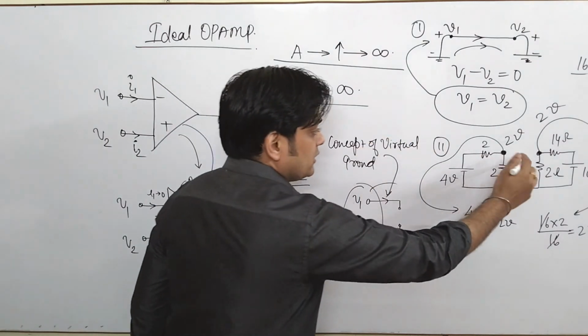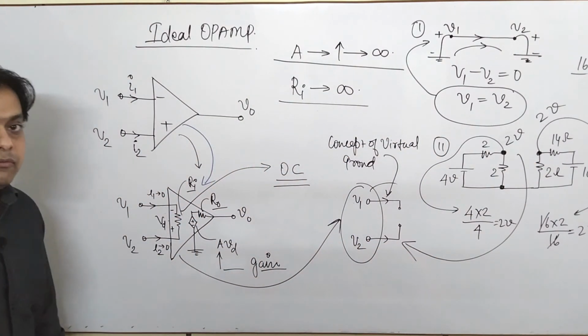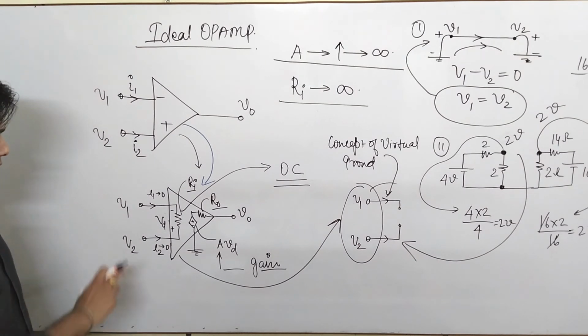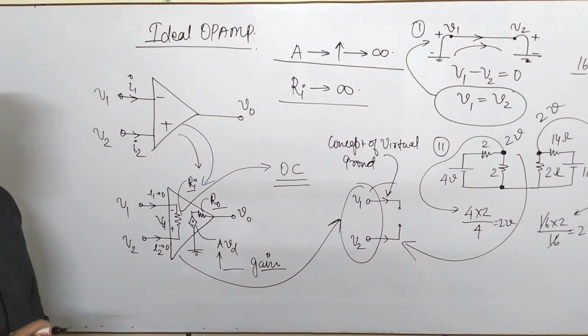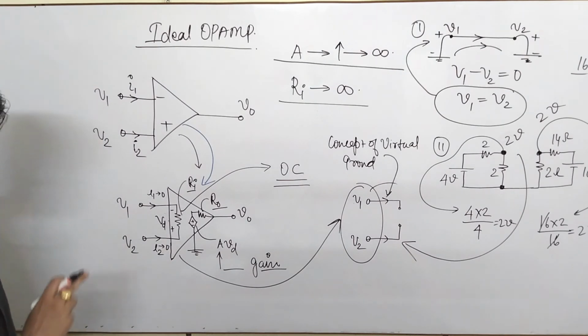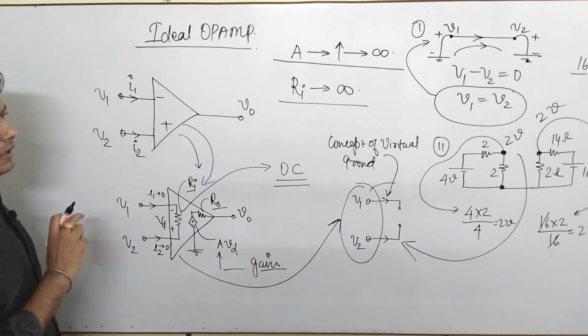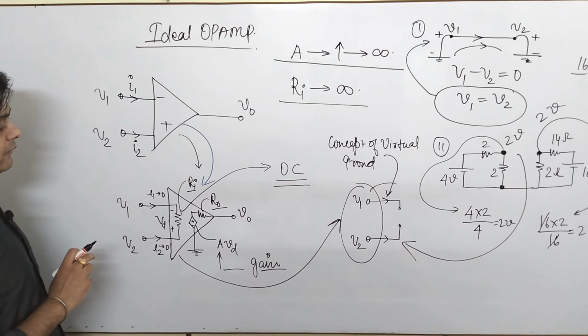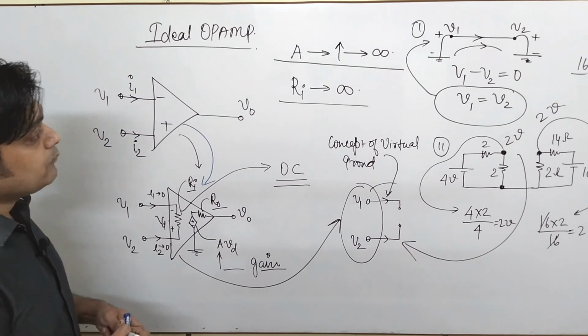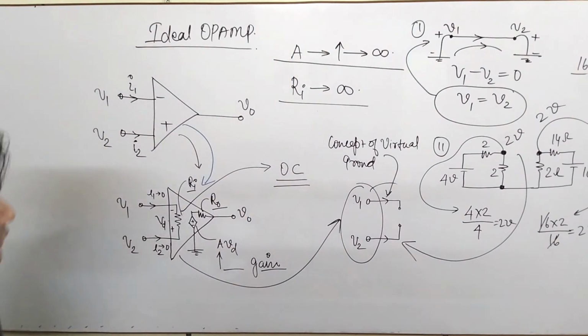So this concept is applicable in the operational amplifier, and with the help of these two concepts we will solve many problems. Just keep in mind, whenever there is an ideal operational amplifier, the condition of an ideal operational amplifier is that its input resistance is infinite and its gain A is infinite.